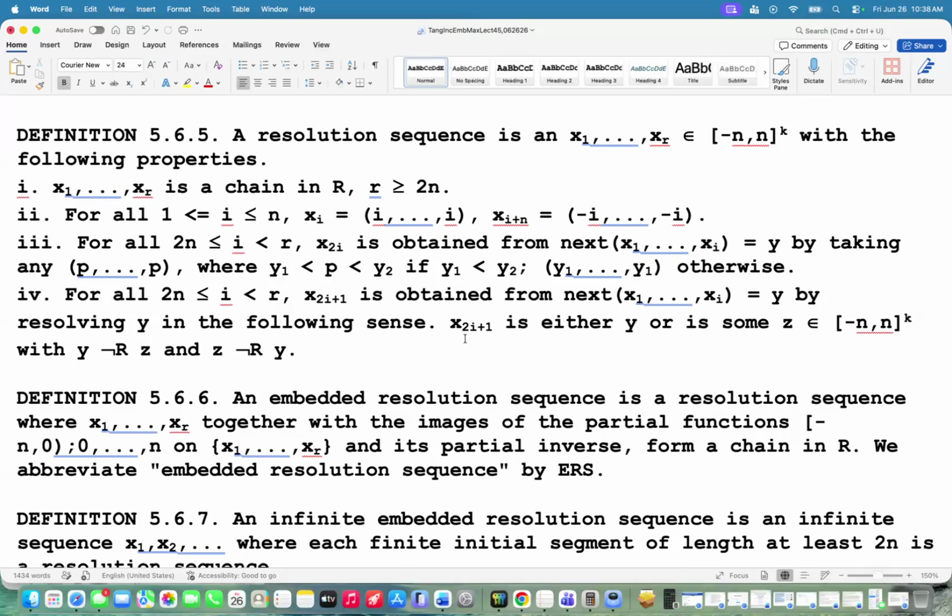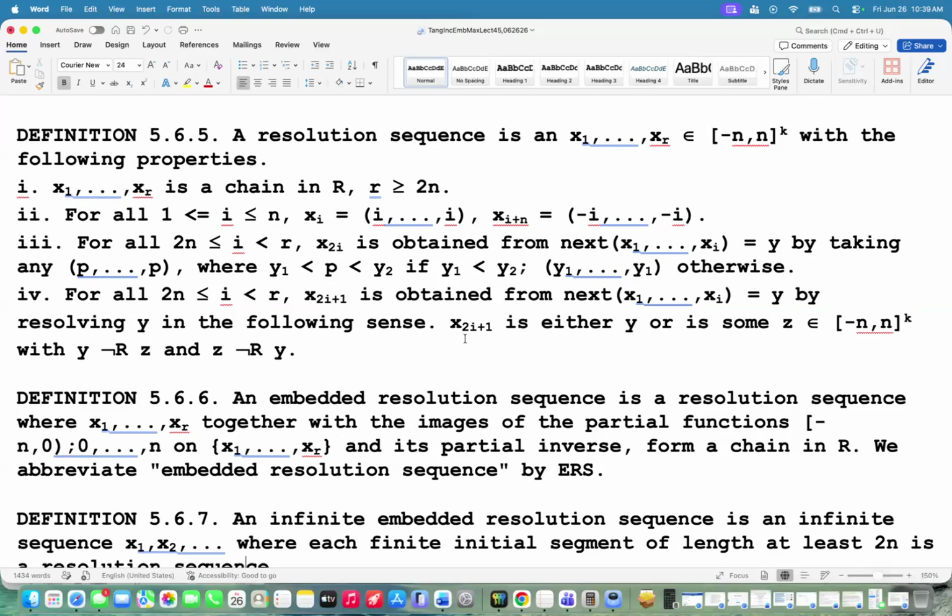You need to know that when you do that, you still have a chain. When you take the images and the inverse images of this special function, you basically have a maximal chain.